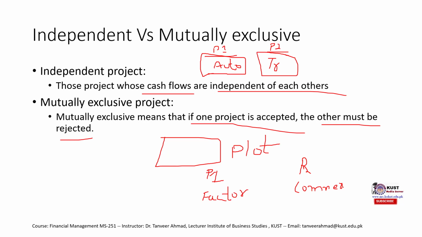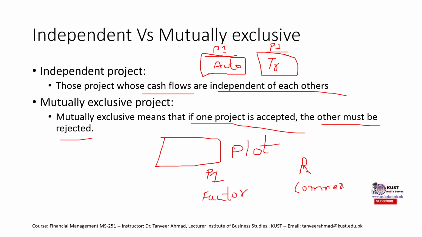Let's just say the size of the plot is limited. It can either hold a factory or a commercial plaza, or let's just say the law restricts you either to have a factory on a plot or to have commercial shops. So whatever the case may be, either it is the law restricting you, or it is the physical restrictions that are there.